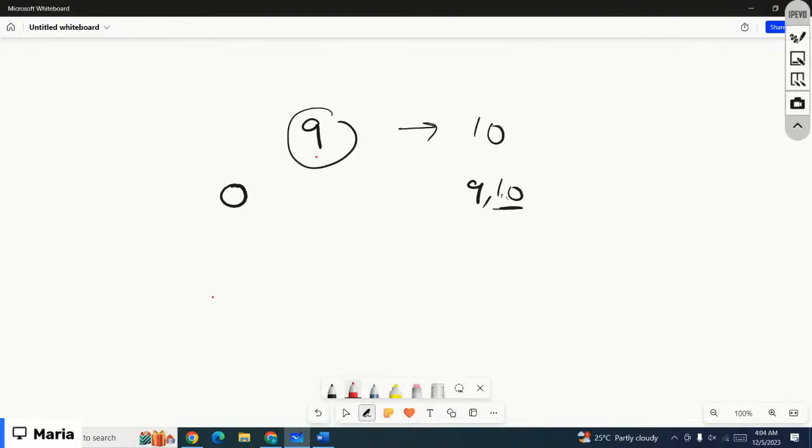Let's do another example. You have the number 17. How do you round off 17 to the nearest 10? Just understand things logically. 17 is between two tens, 10 and 20.